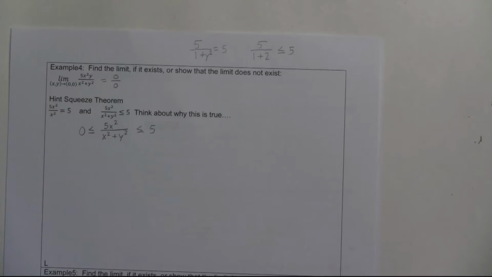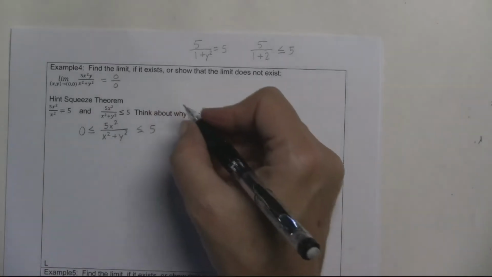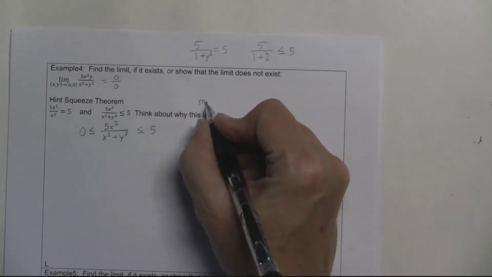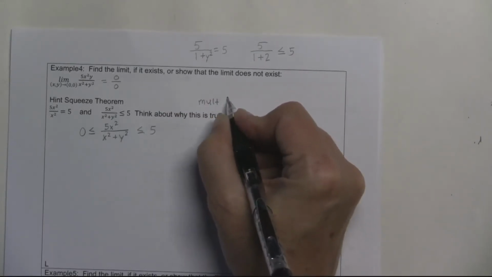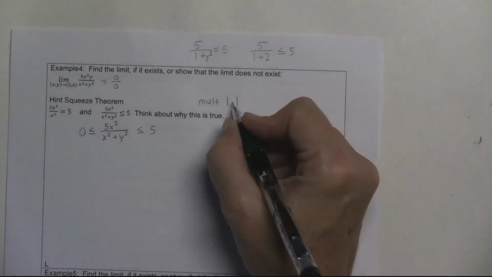And if y is negative and you multiply by a negative, you should be flipping the symbol. So there's something that I can multiply, and this is the suggestion of the book, and that is the absolute value of y. So I'm going to multiply by the absolute value of y.